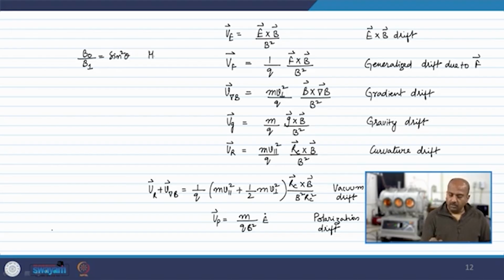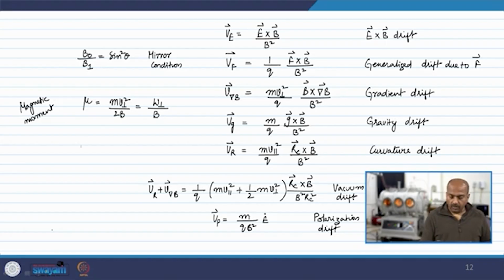This condition is known as the mirror condition. So, this tells you when the mirroring will happen. And we also learnt that the magnetic moment of a particle is m v perpendicular square by 2B, or which can also be written as the kinetic energy divided by the magnetic field, and this is the magnetic moment.